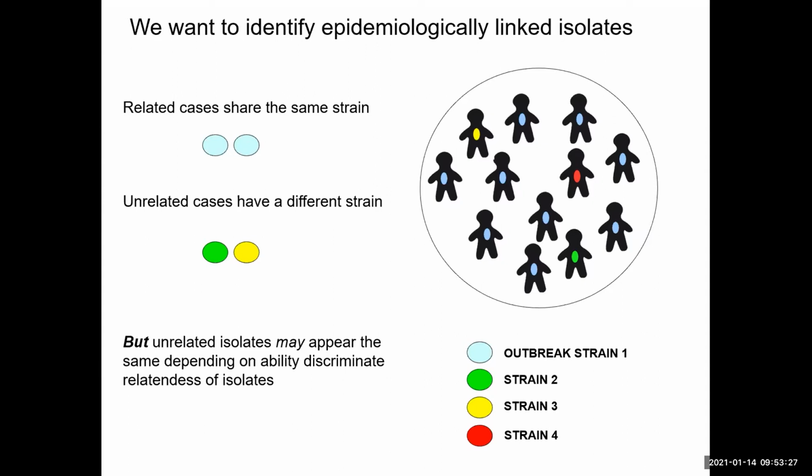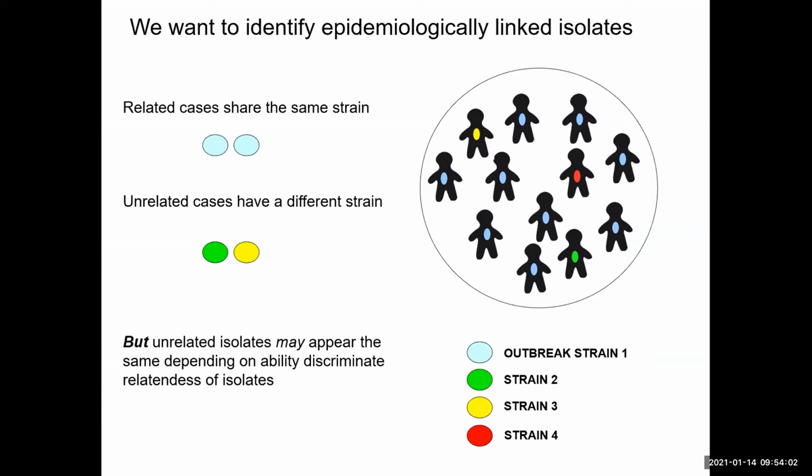If you can relate those strains and say that they are the same strain, then you can categorize your disease potentially as an outbreak. This simplistic diagram shows individuals with a blue pathogen inside them. They've all got the same pathogen, so this may be indicative of an outbreak. Other people have other strains, so this may have come from another source.